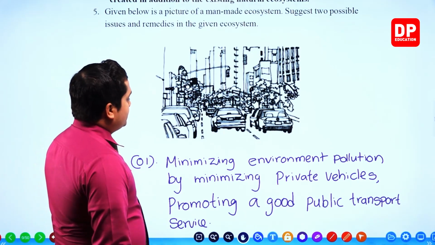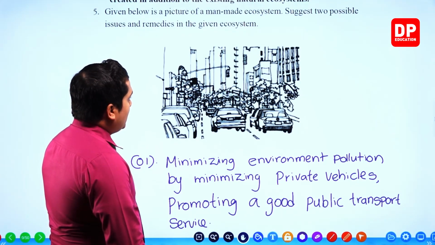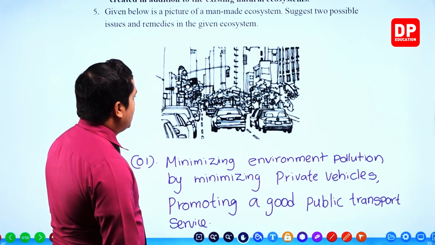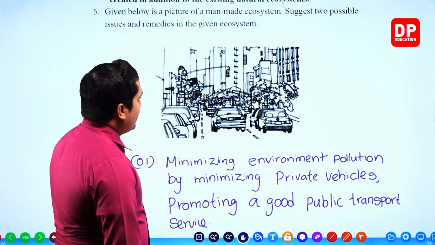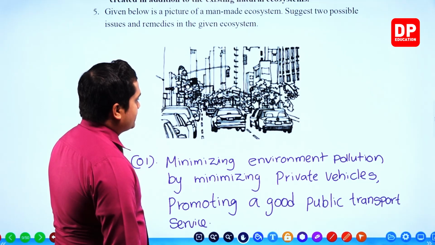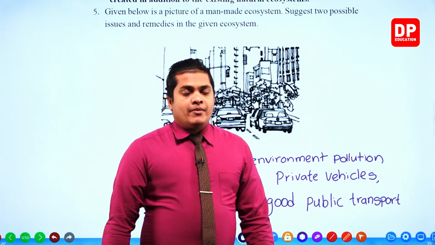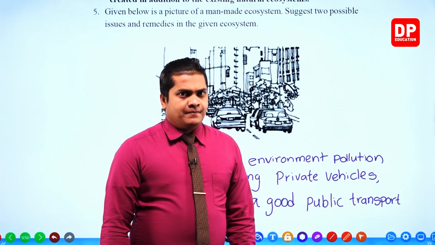What are the other cases that we can observe here? There are a large number of buildings, right? And also, my dear children, the vegetation is very less in these areas. That means more carbon dioxide gas is going to accumulate within this area. Why is that?